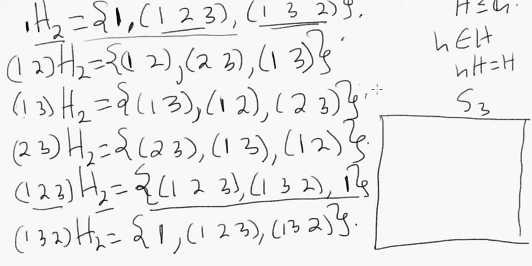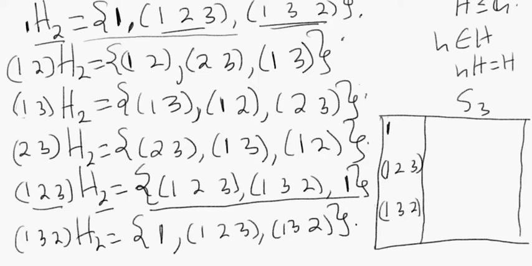The way we said we'd do the partitioning was by picking a coset, right? So for example, we could pick H2. H2 is a coset, okay? So if we pick the coset 1H2, well, what elements does it have? It has element 1, it has element 1, 2, 3, and it has the element 1, 3, 2, right?